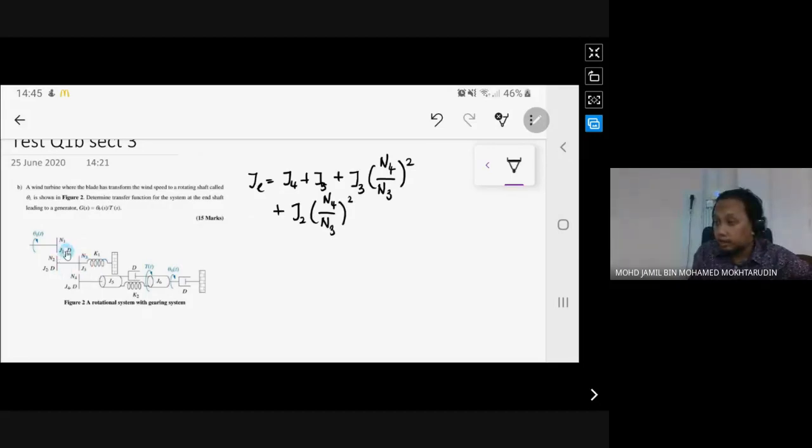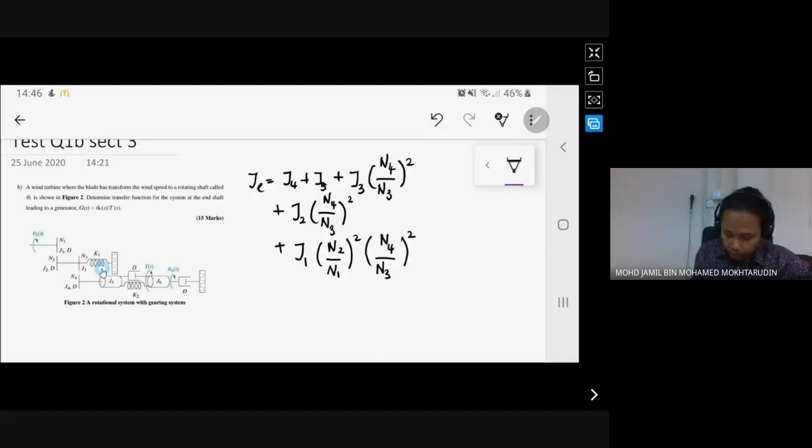And then lastly J1 here. So J1 here you must multiply the gears 2 times. So multiply with (N2 over N1) squared and then (N4 over N3) squared. So plus J1 times (N2 over N1) squared times (N4 over N3) squared.